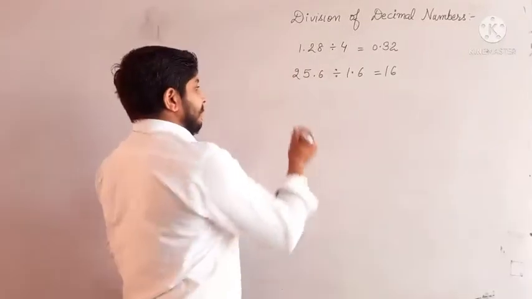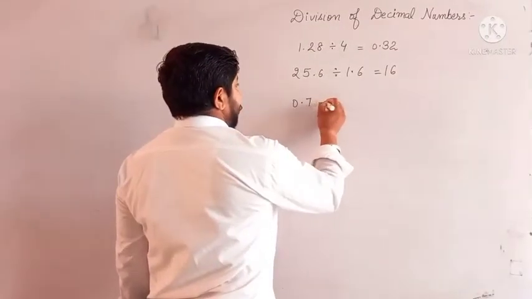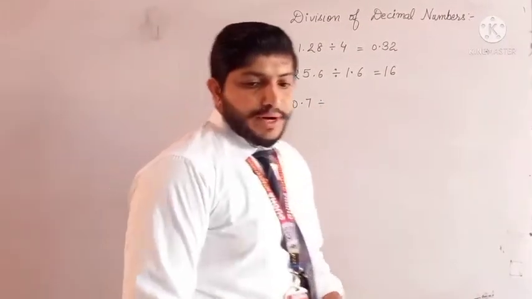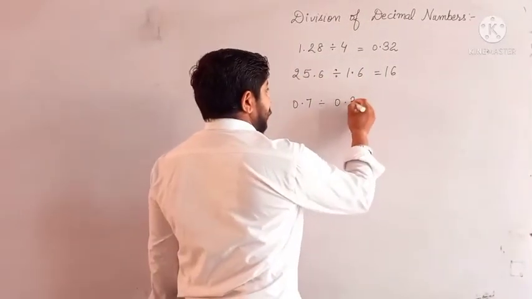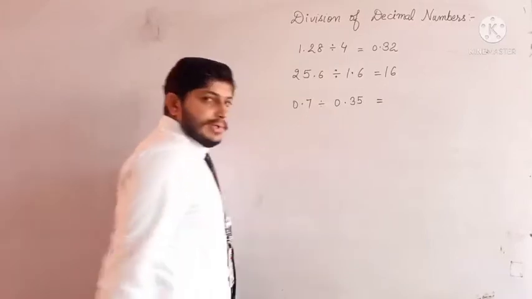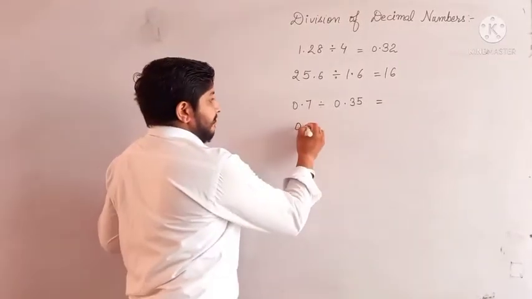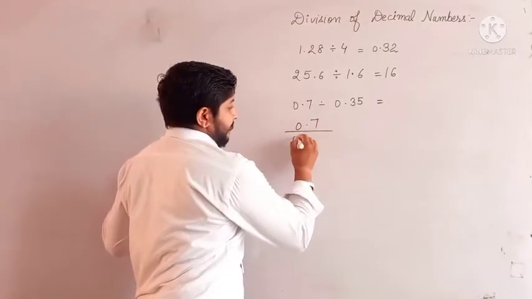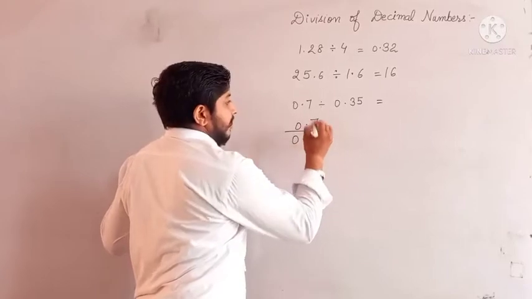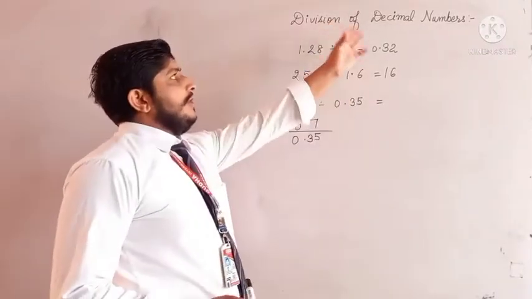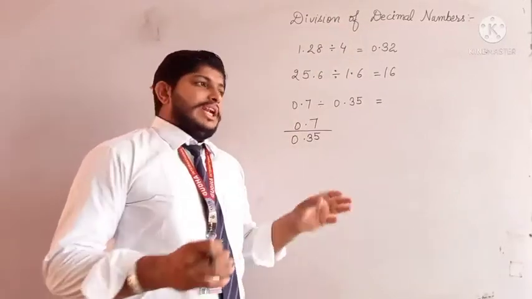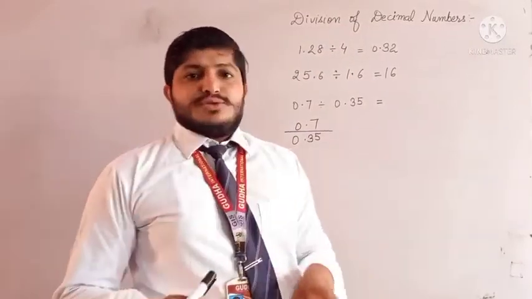I take here 0.7 divided by 0.35. Then what answer comes? So 0.7, beta, divided by 0.35. If you learn how we divide decimal numbers, then it is very easy, beta, to solve exercise 2.6.